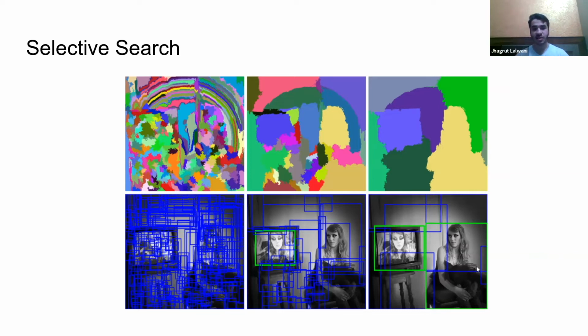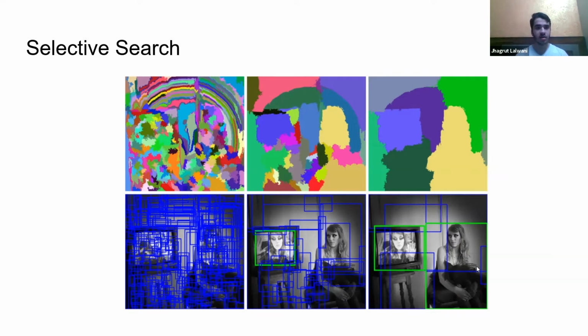S texture is the visual similarity between different regions, and size is the similarity between the regions overall area-wise. So using this algorithm, the model continues to merge all the regions together to improve the size of the regions, and this is a basic representation of the selective search algorithm.